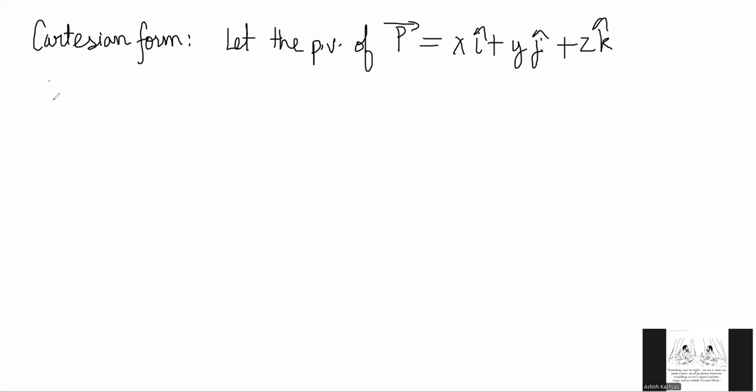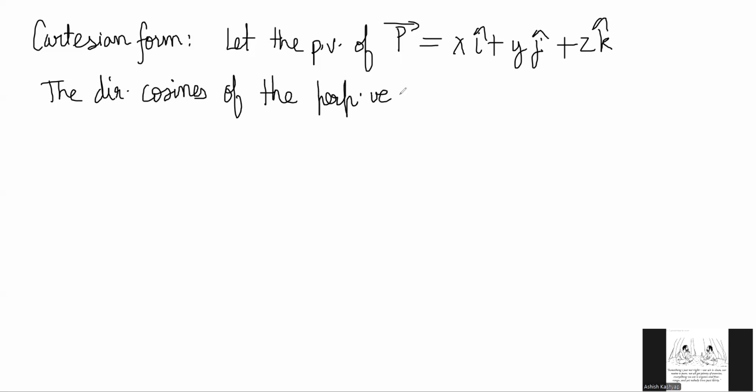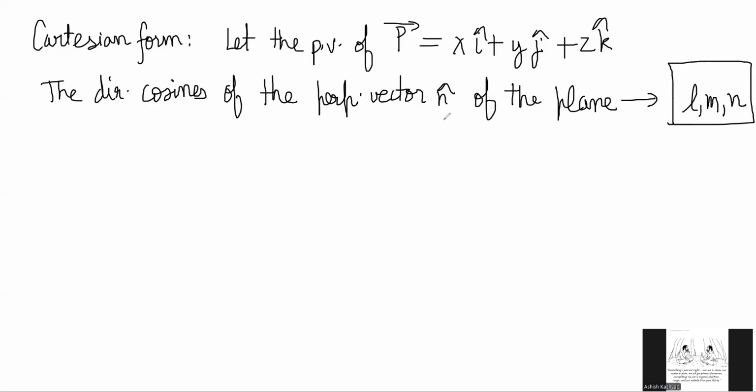And the direction cosines of the perpendicular vector n hat of the plane are, let's say, L, M, and N. These are the direction cosines of the vector perpendicular to the plane. So the unit vector n is L i cap plus M j cap plus N k cap, because L, M, N are direction cosines. So these are the components in the ijk direction.